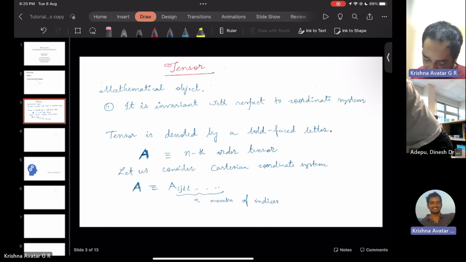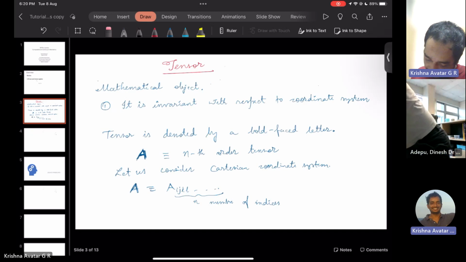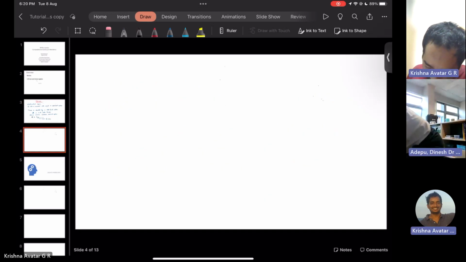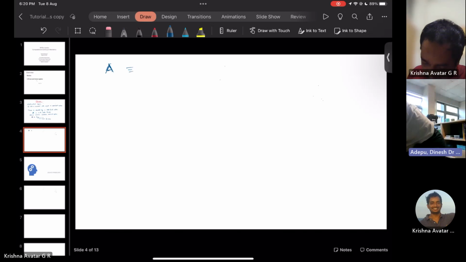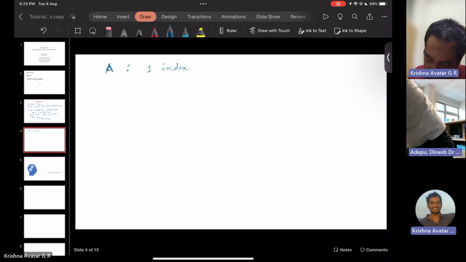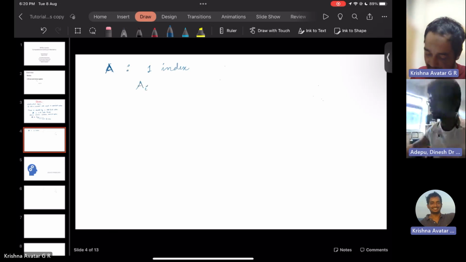Now let's consider when we have just one index. So we have a tensor A, and it has one index. Then in Cartesian notation the element is just A_i.